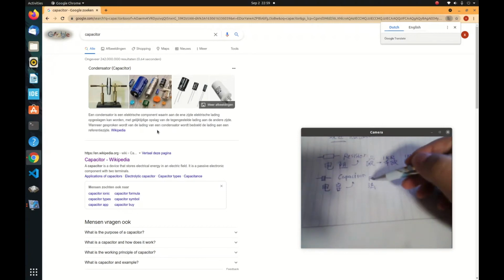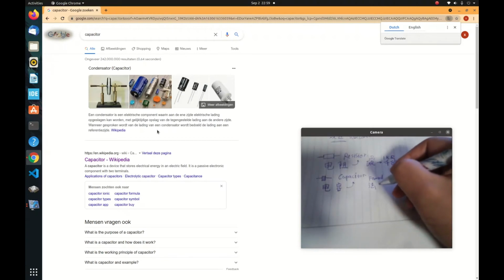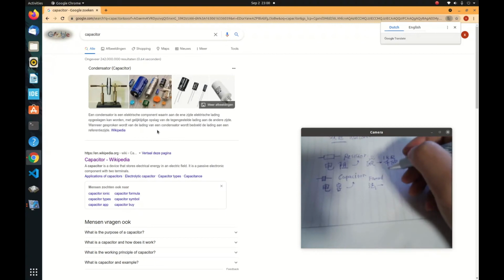So this is called fa in Chinese. So it's the same, derived from the pronunciation of the English. And then, as you can imagine, maybe it's a different unit. So we can say 1 picofarad.